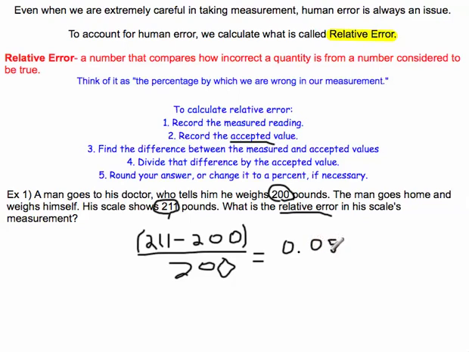And since it's a very easy number, I don't have to round it. This is my answer. That's my relative error. I'm off by 0.055, or 55 thousandths. So that's how much his scale is off. That's a type of problem you may see.